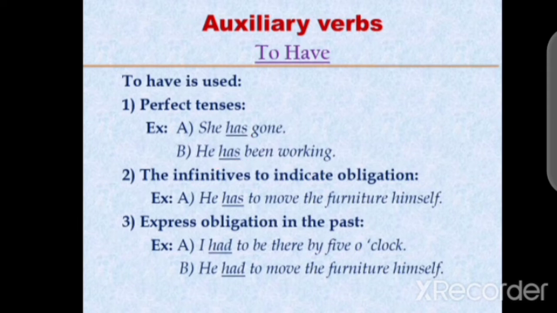Next rule, have to is used with infinitives to indicate obligation. It means compulsion. For example, he has to move the furniture himself. Next rule, the past form had to is used to express obligation in the past. For example, I had to be there by 5 o'clock. Next example, he had to move the furniture himself.